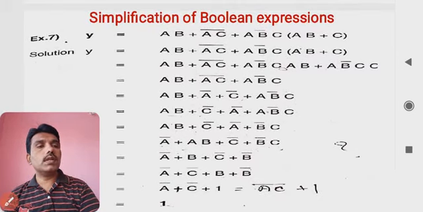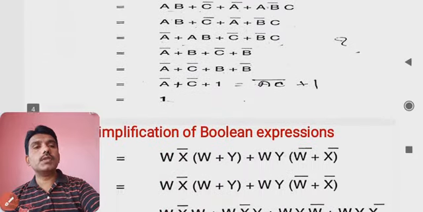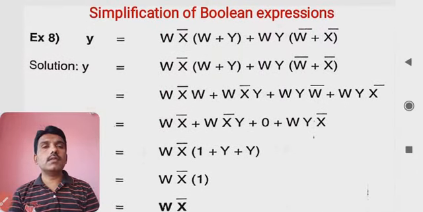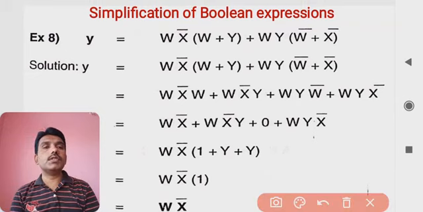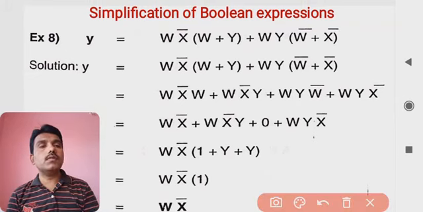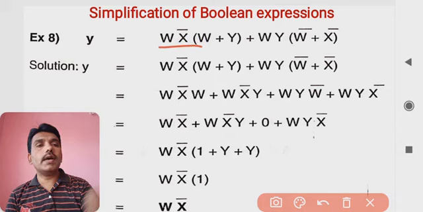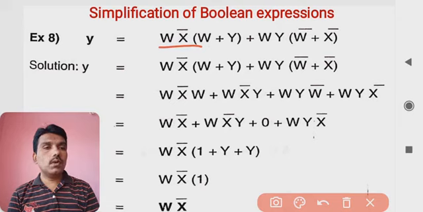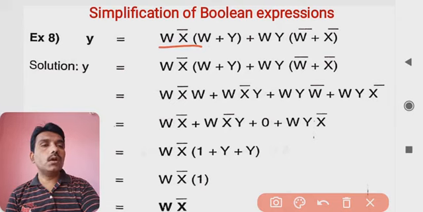So this is one another simplification for the expression. Now let's move on to another one, given here as expression or equation number 8 for the simplification, that is y equals wx complement and w or y plus w and y and w complement or x complement.